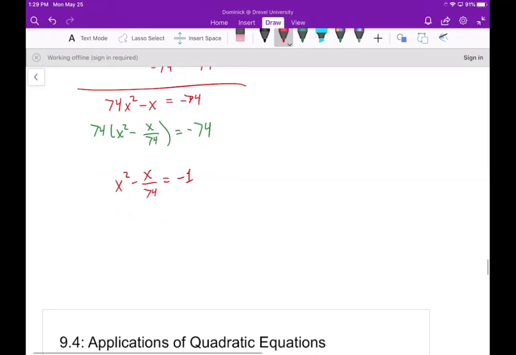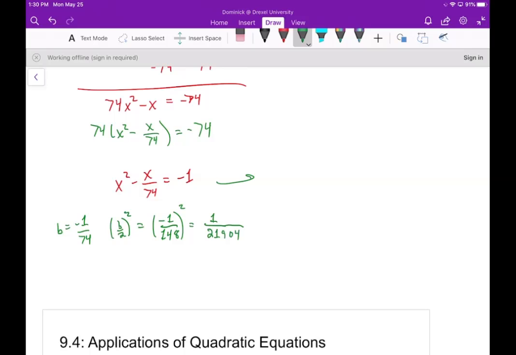Okay, so now what's my b? Well, my b is negative 1 over 74. So my b over 2 is negative 1 over 74 times 2, or 148. And if I square negative 1 over 148, I'm going to get 1 over 21904.